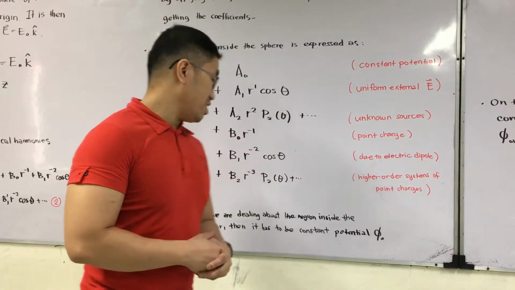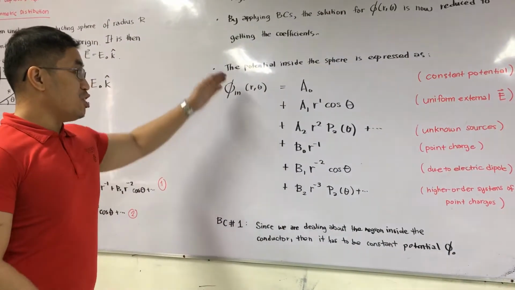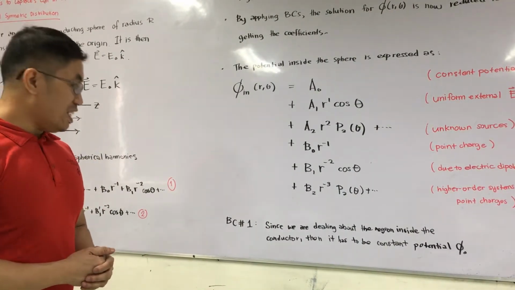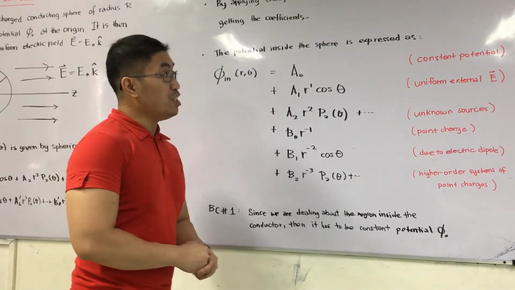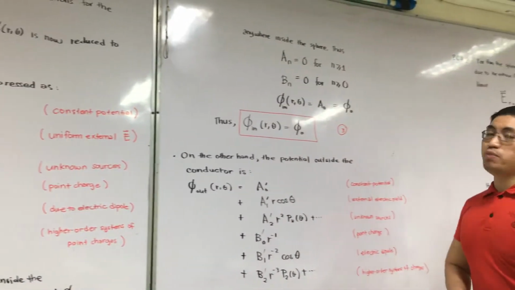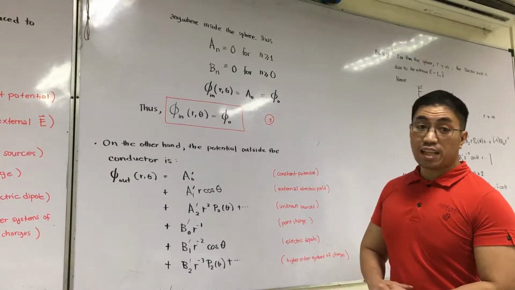Now, we will apply the first boundary condition for this region inside the sphere. Since we are dealing with the region inside the conductor, it has to have a constant potential phi 0, so the coefficients A_n must be equal to 0 for n greater than or equal to 1, because it has to be constant.